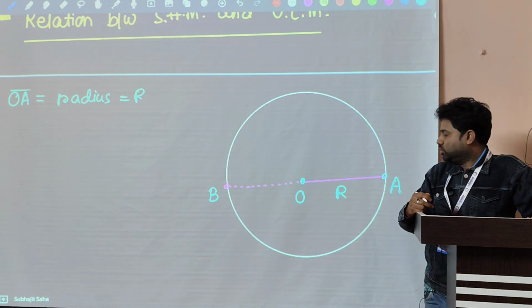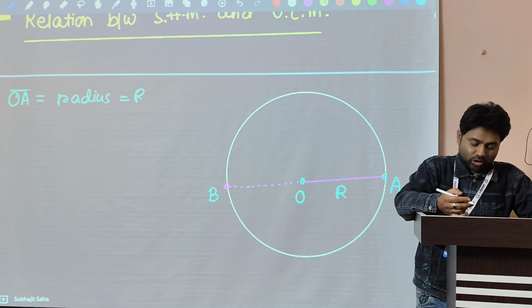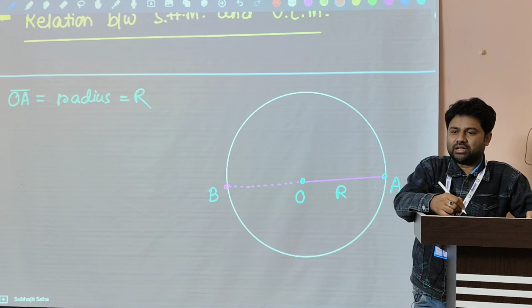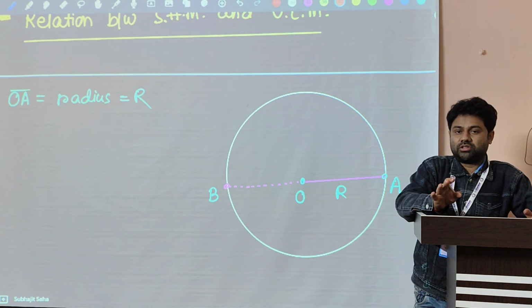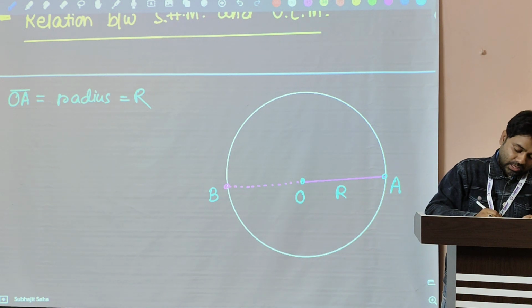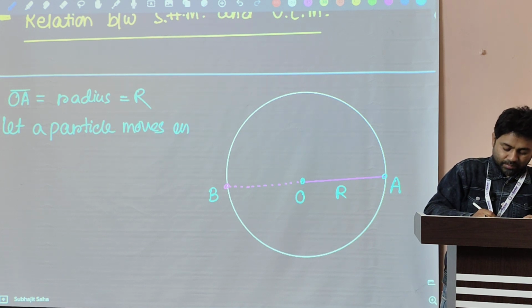Suppose there is a particle which is moving along this circle. I will always show the particle by the orange dot. Moving along this circle in uniform circular motion. Let a particle be moving along this circle in UCM.